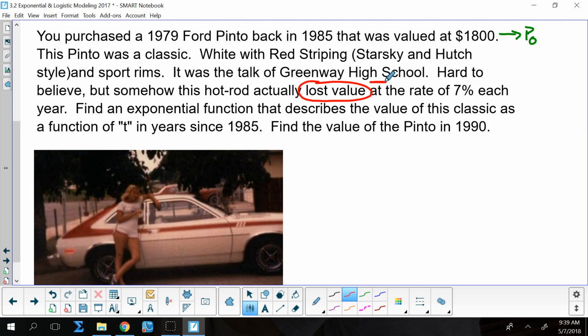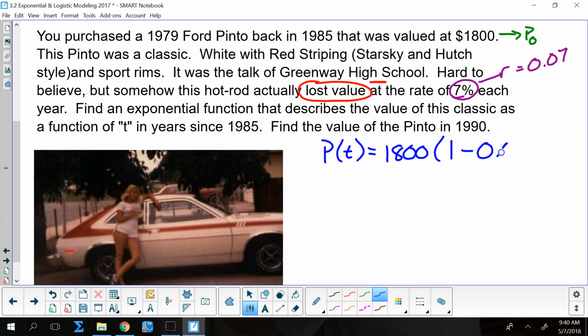At what rate are we losing money? 7% is my R, so that's going to equal 0.07 in decimal form. So my function, we'll call it P of T, is going to be 1800, that's my P sub 0, times 1 minus 0.07 to the T power.